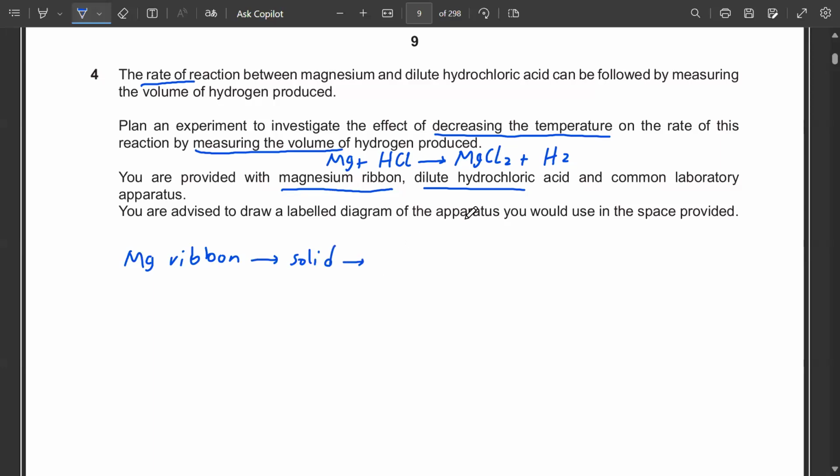So if you want to study the effect of the temperature, then you are supposed to keep the mass of the magnesium solid constant. So amount of magnesium is measured and it should be kept constant.